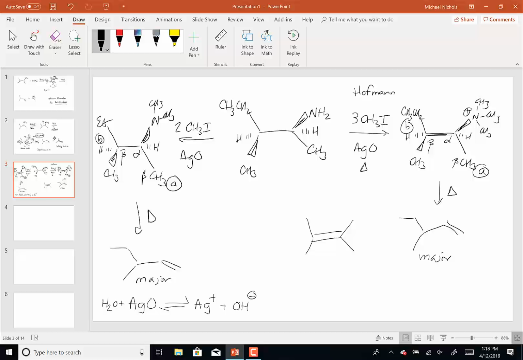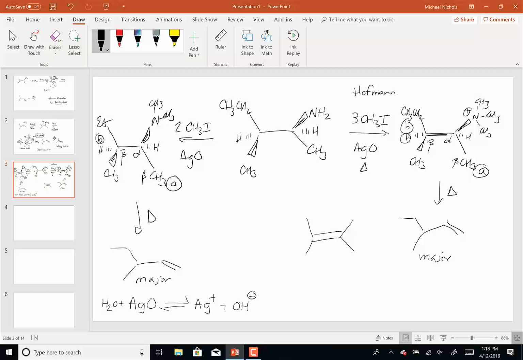And your choices are that the 2 methyl groups will be cis, or the 2 methyl groups will be trans in that final product. When you lose this hydrogen, the pair of electrons is going to come in, kick off the amine, and so the question is, are the 2 methyl groups going to be cis, or trans?